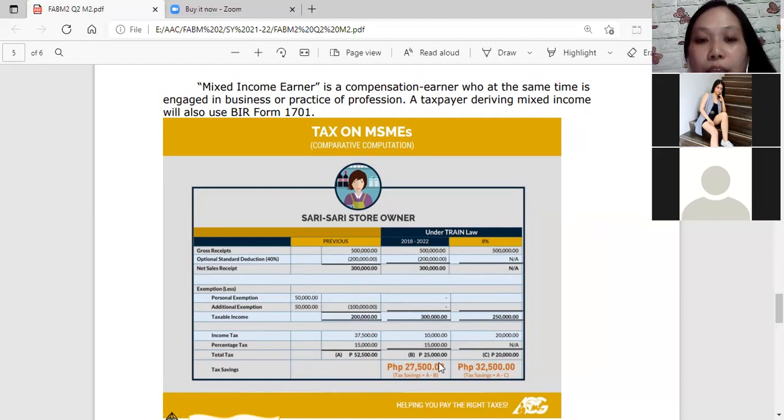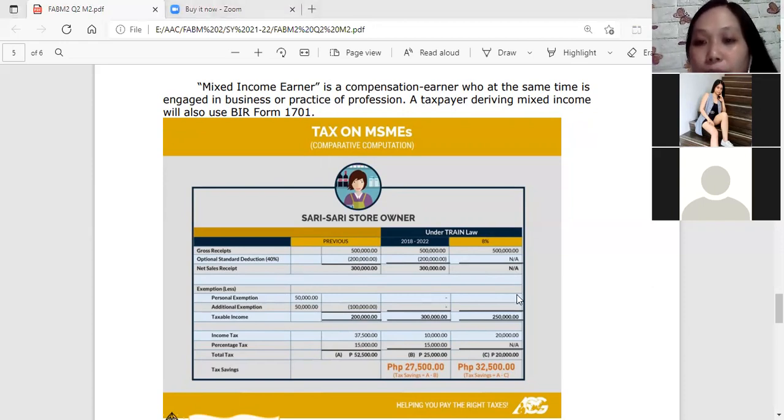Kasi na calculator diha. I divide 300,000 divided by 15,000 or 300 divided by 15. What's the answer? 20, ma'am. 20. So that will be 20%. Okay, so 20% percentage tax.